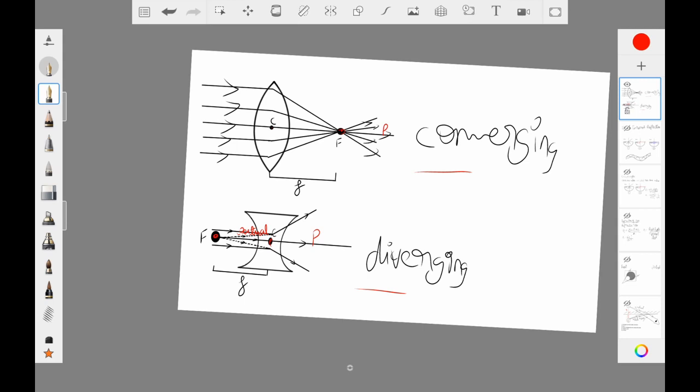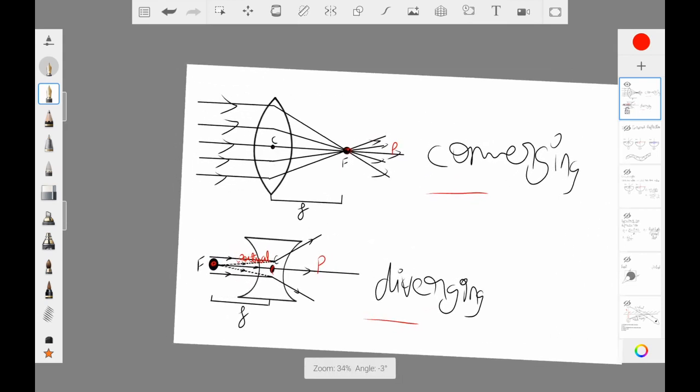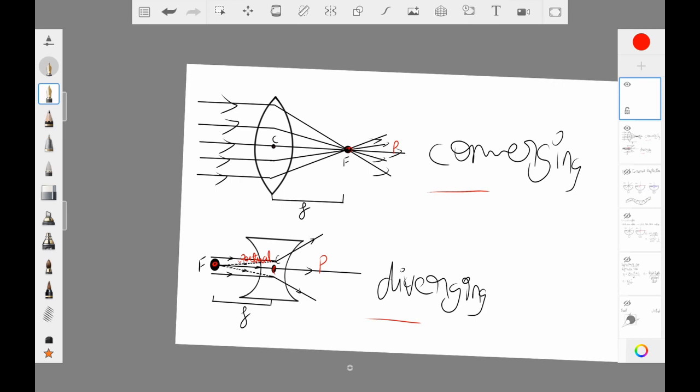If you do manage to draw ray diagrams, from the ray diagrams you should be able to figure out if the image is virtual or real, if it's inverted or upright or erect, if it's enlarged or the same size, or if it's diminished as well. So those are some things that I can't really cover right now online. So you kind of have to do that on your own.